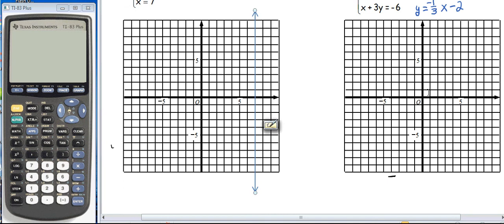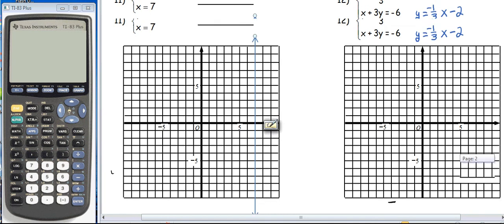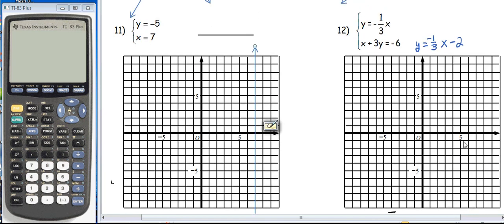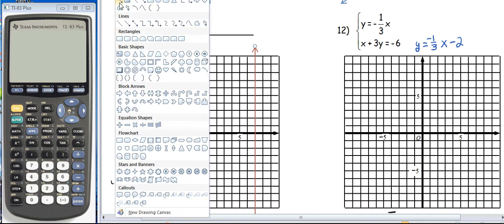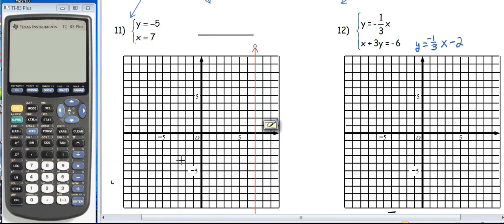It's right there. And then my second equation, y equals -5. So I'm going to come over here, and I should have done my colors a little bit differently. So let's do a new line, insert, shape. We're going to go to y equals -5.